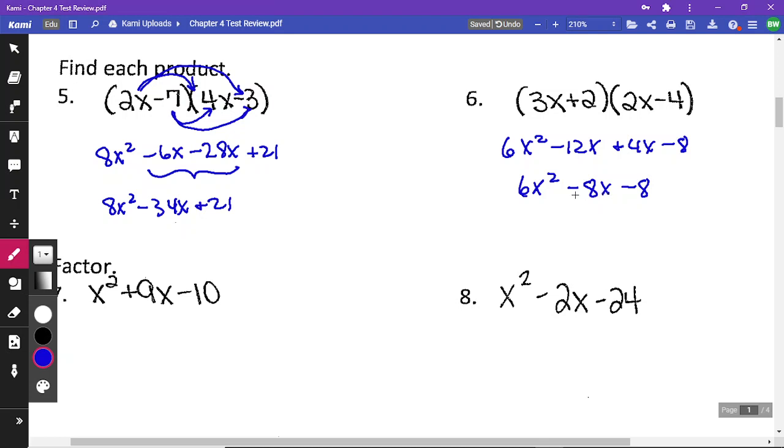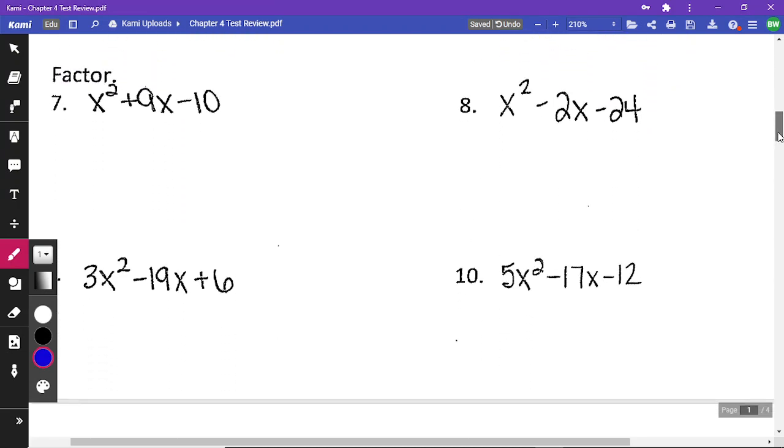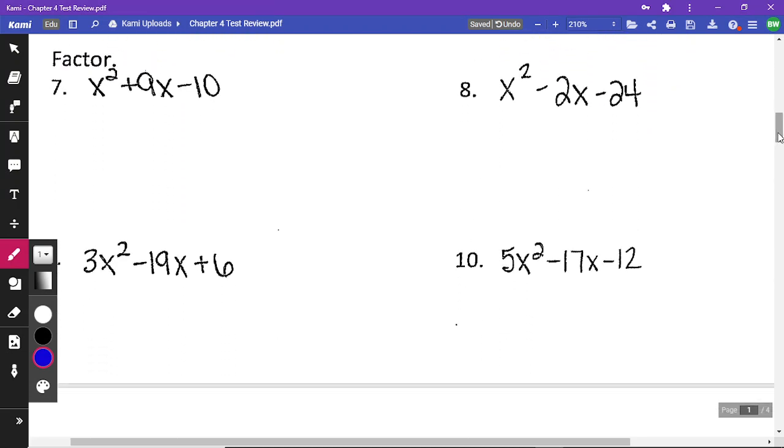Okay, so now we're going to do some factoring. Remember, there's a lot of different situations with factoring. Some are more difficult than others. So look at this first one. This one has a equals 1.